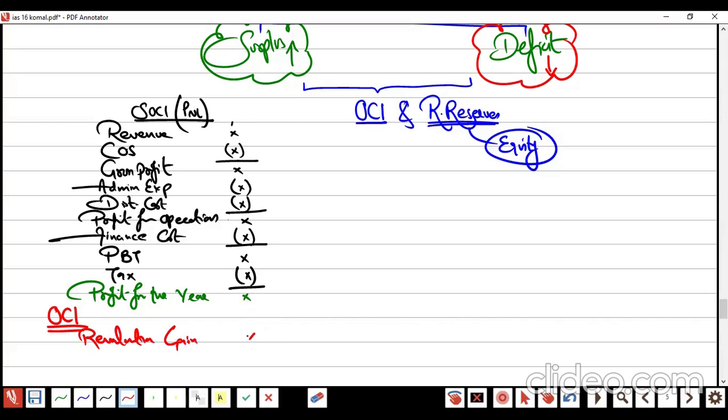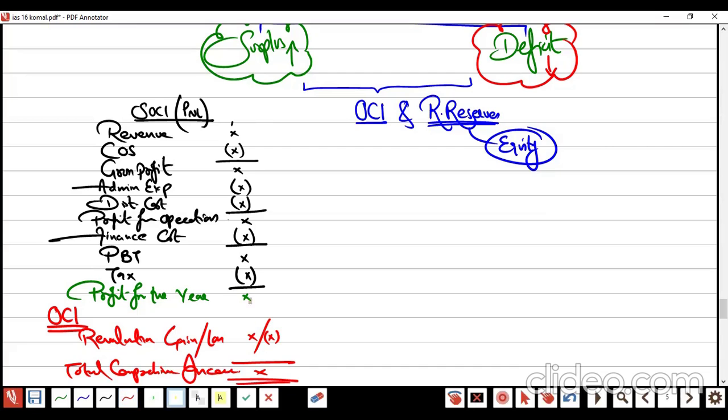Gain or surplus, same thing. If it is a revaluation deficit, which is a loss, it's like that. And we will have the answer that is going to be total comprehensive income, TCI. Okay?